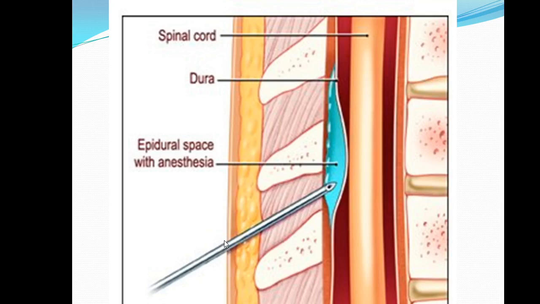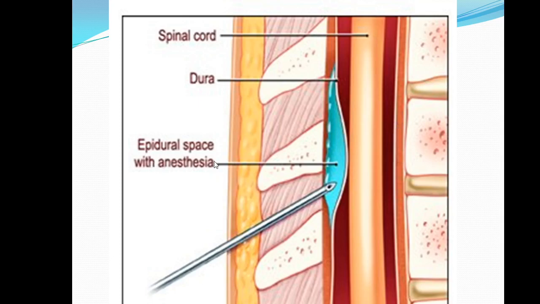Here in this diagram, you can see the spinal cord surrounded by the meninges, that is the pia, arachnoid, and dura. Here you can see this is the dura mater, white one, and this is the epidural space.